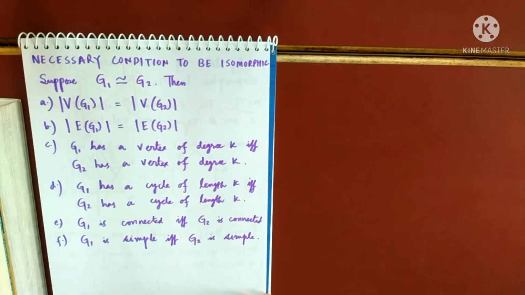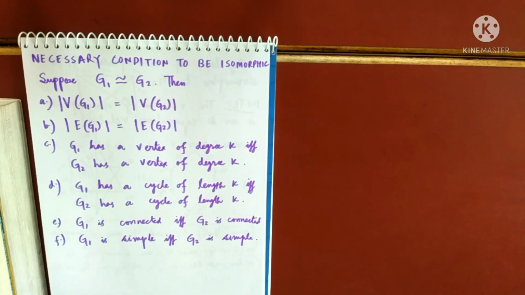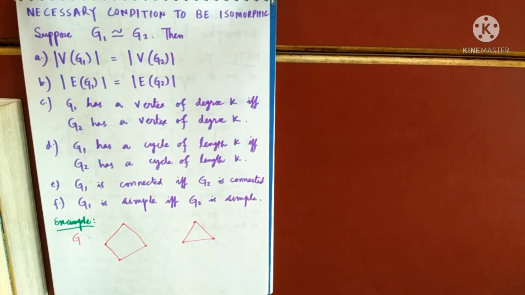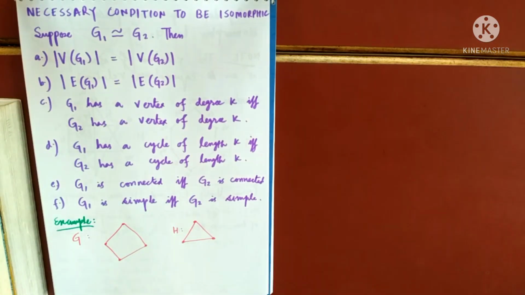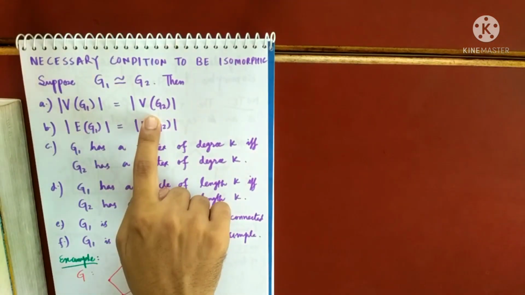I'll give a quick example for each of them and then I will end the class. Are these two graphs, G and H, isomorphic? No. Why no? So this condition does not hold.